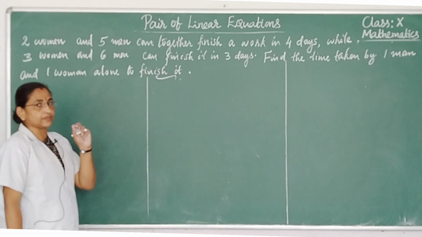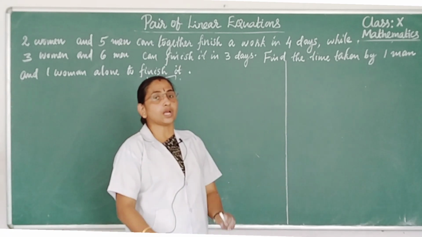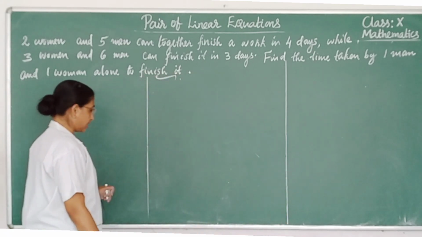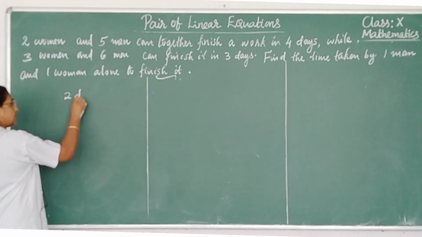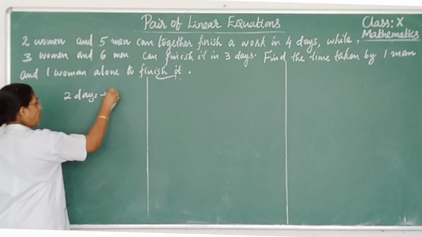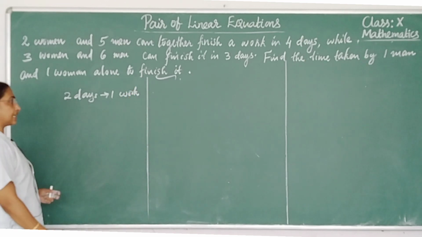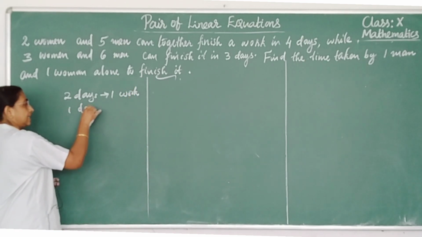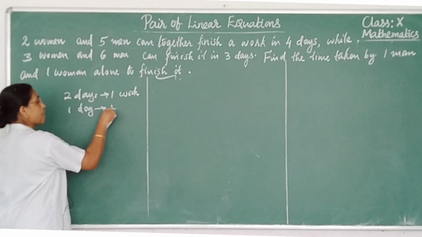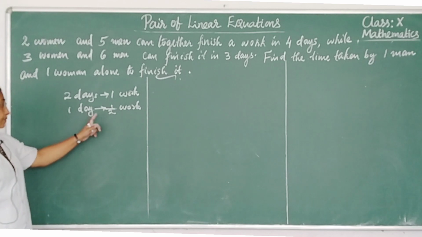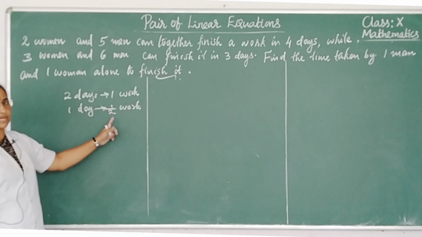Okay, we can discuss with an example. Suppose that we are going to do a work in 2 days. Suppose that 2 days you need to do one work. Mathematically, we can say that in 1 day you can complete 1 by 2 of the work. How do you get this 1 by 2?